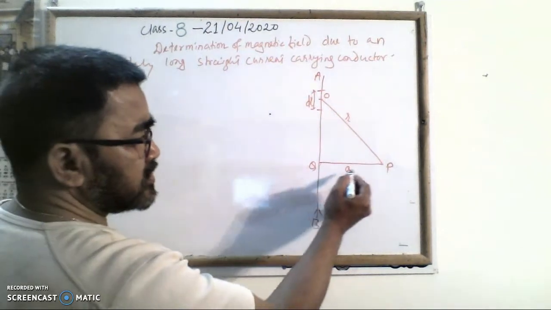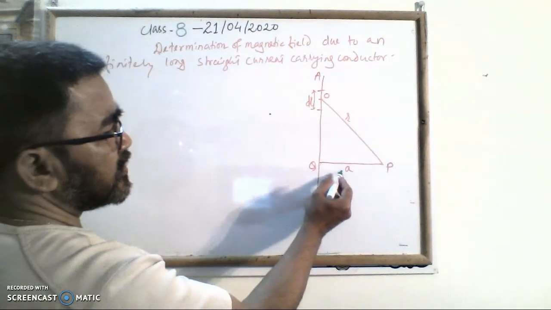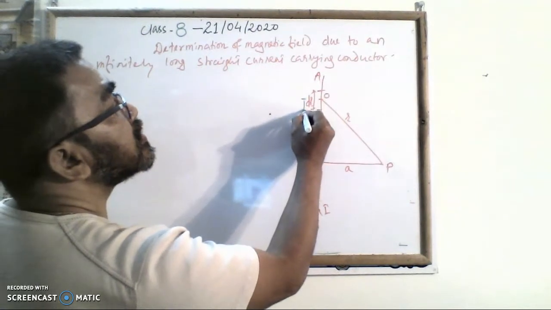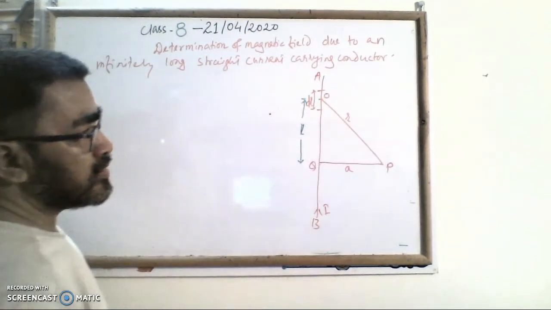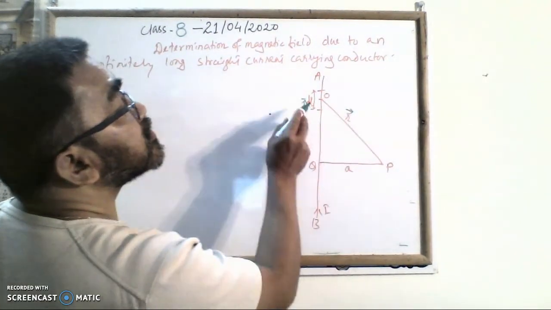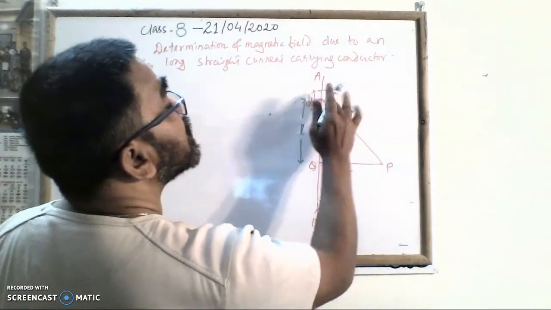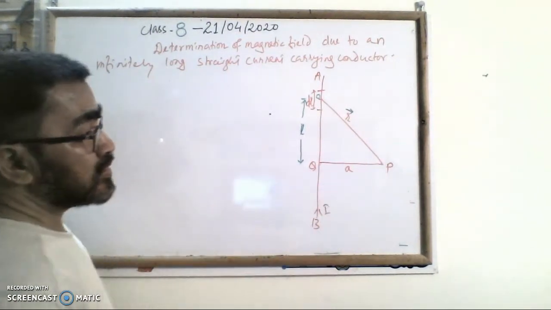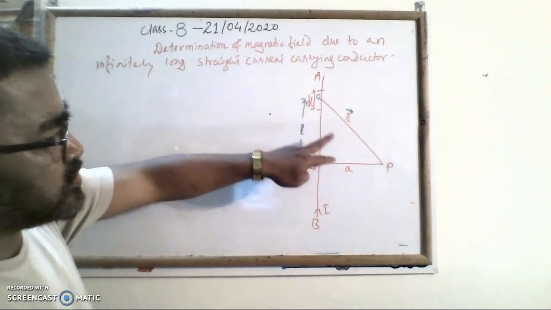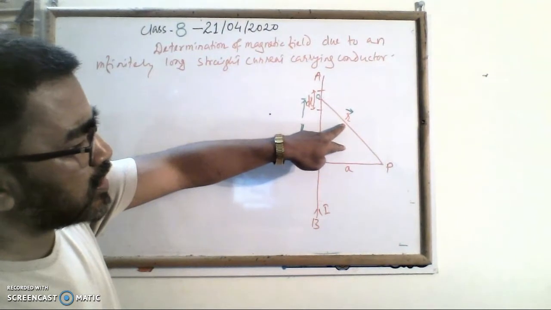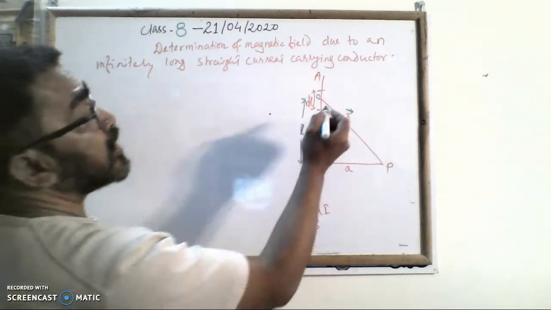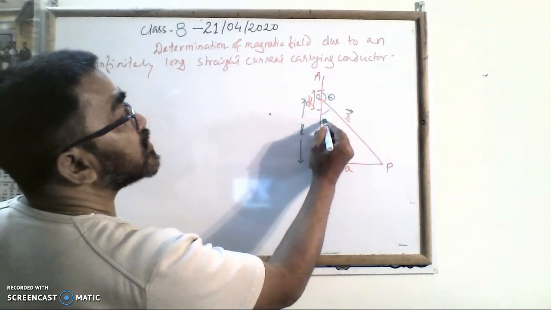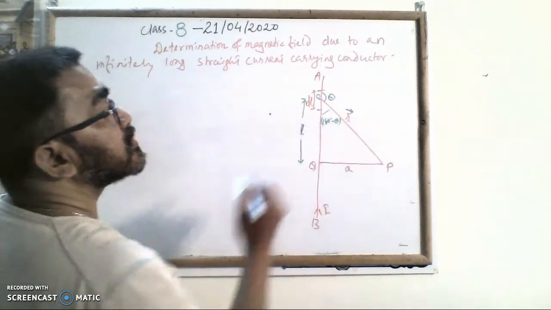The distance from P to Q is A, and the distance O to Q is, suppose, L. This is L, and this position vector from the point O is R to point P. We are going to find out the magnetic field at P, which is perpendicular to the position vector R. Suppose this angle is theta, then this small angle will be 180 degree minus theta.